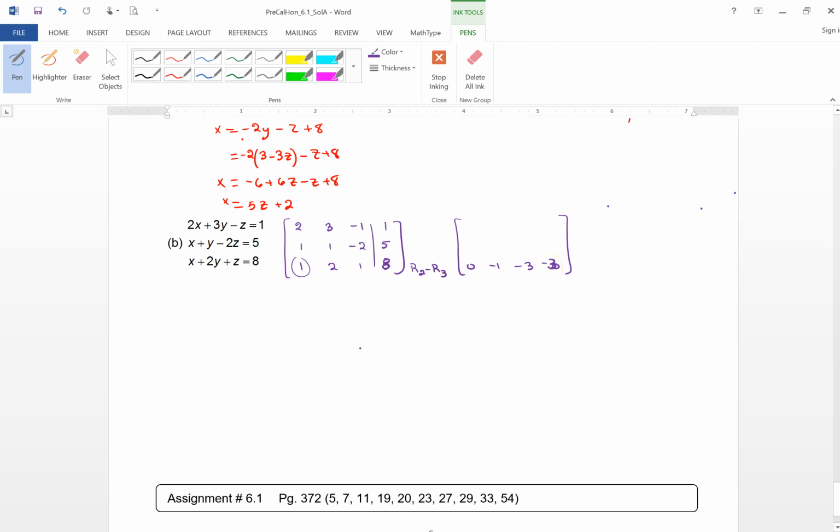Okay, next, I want to get a 0 in this one here. So I'm going to do row 1 minus 2 times row 2.